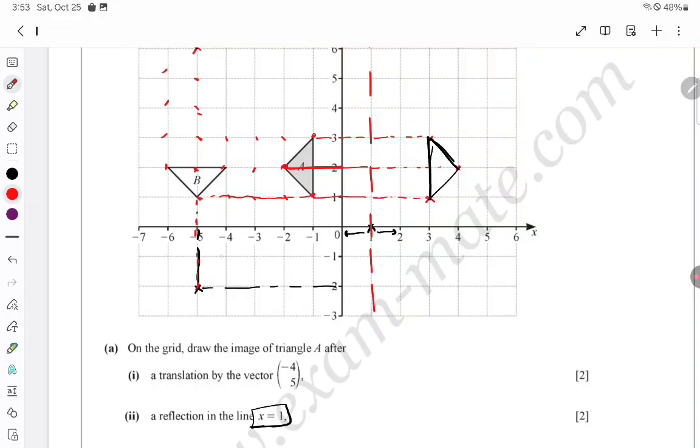So this is, we can say, 1, 2, 3 and 1, 2, 3, 4. These are the points we have to enlarge.